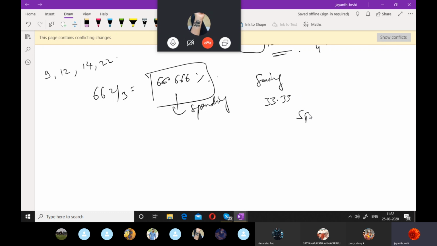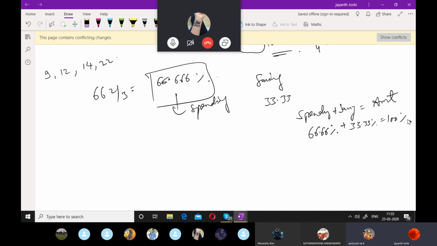So spending plus saving is equal to amount. Okay. So spending here is 66.66%, saving is 33.33%. Amount becomes 100%.